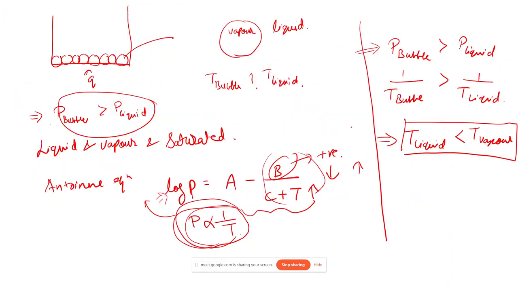Ultimately we can use this correlation and find that the temperature of liquid will be less than the temperature of vapor. So we will be using this Antoine equation to find the relationship between pressure and temperature at saturation, and then correlate it with the temperature of liquid and vapor.